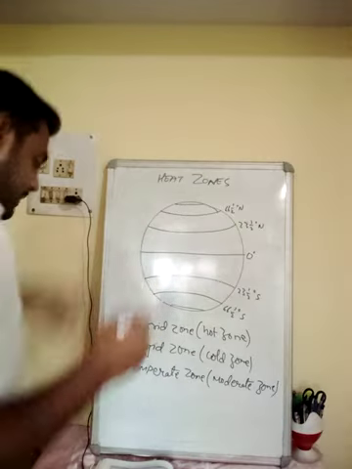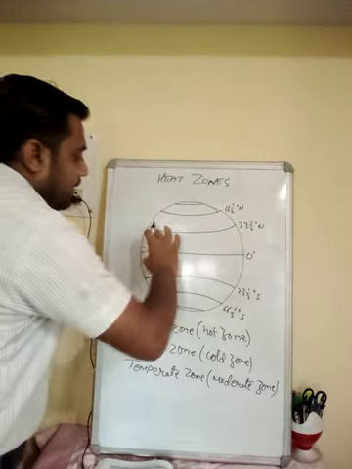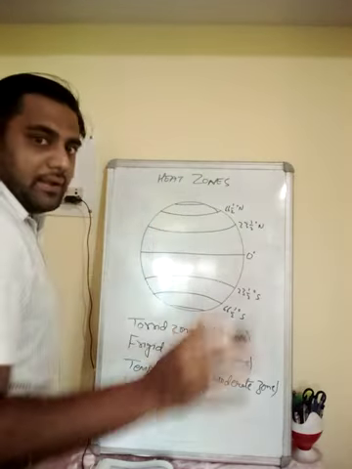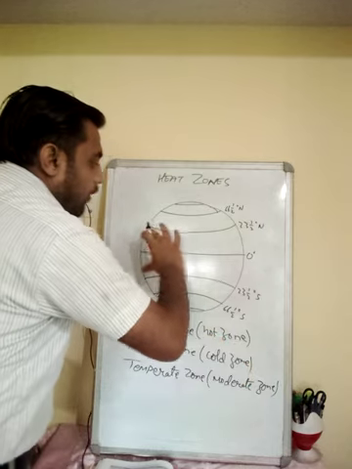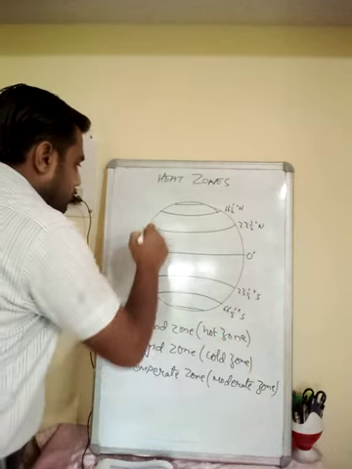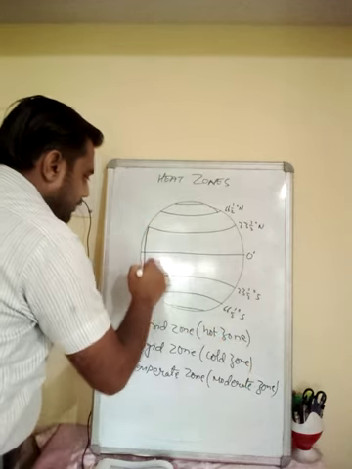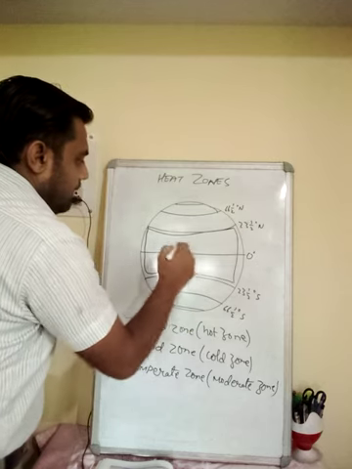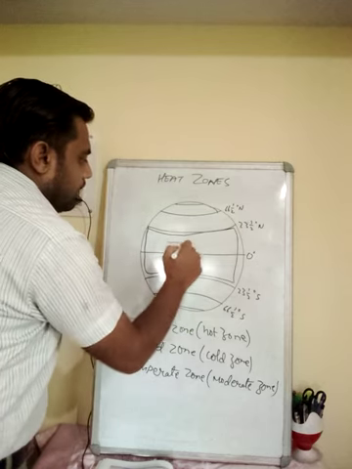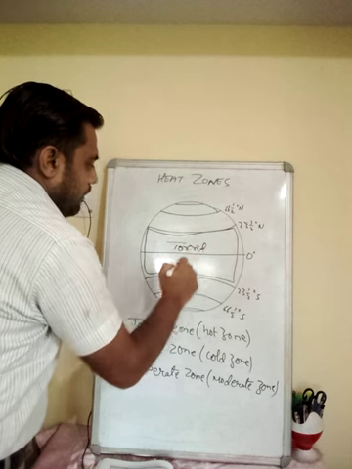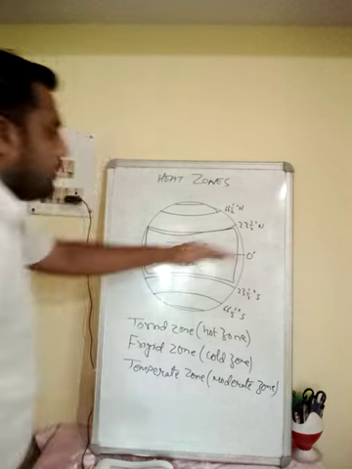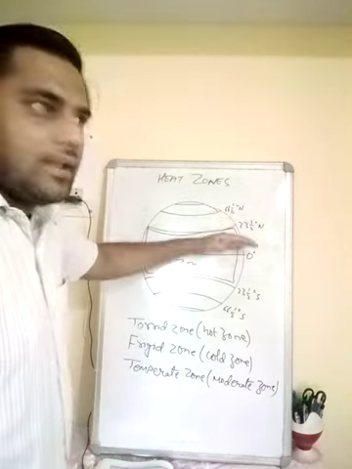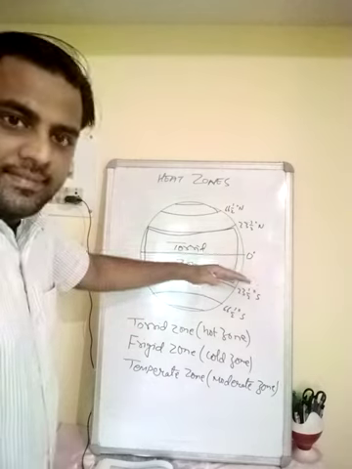Since sun's rays fall directly overhead at the equator, this particular area is your torrid zone, from equator up to 23.5 degree north and 23.5 degree south.